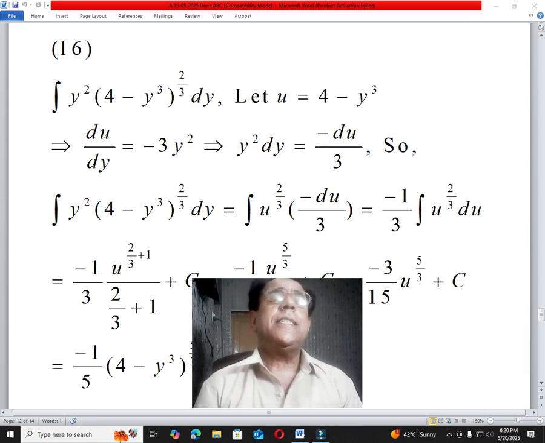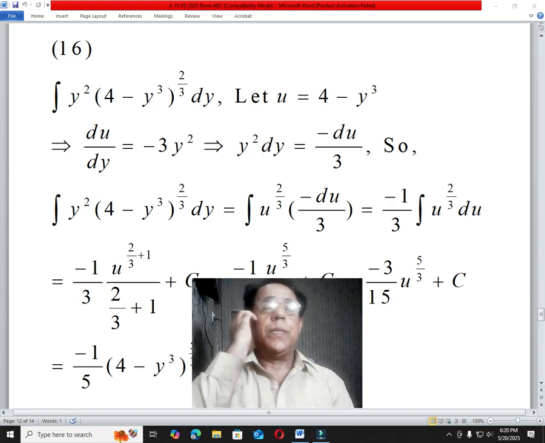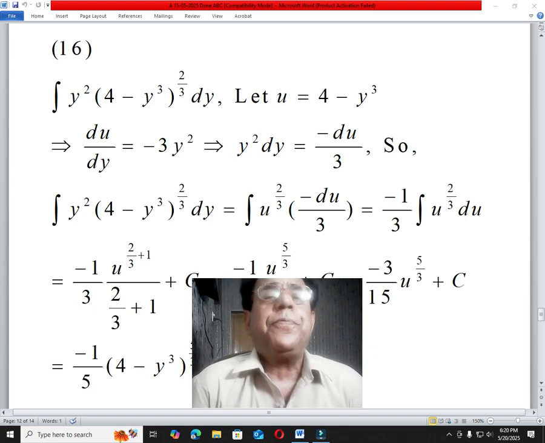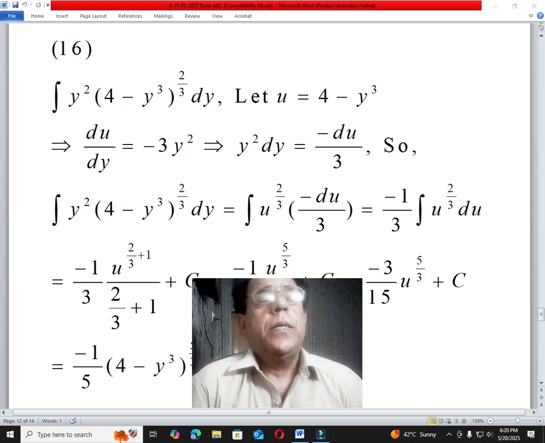What is this? This is the power rule of differentiation. That is to say, the power or exponent appears as a multiplying factor, and in the next step the power or exponent is reduced by one number. So du by dy is equal to minus 3y square.